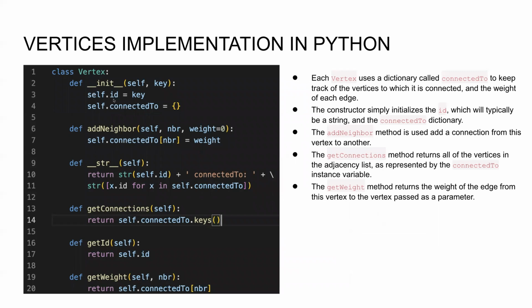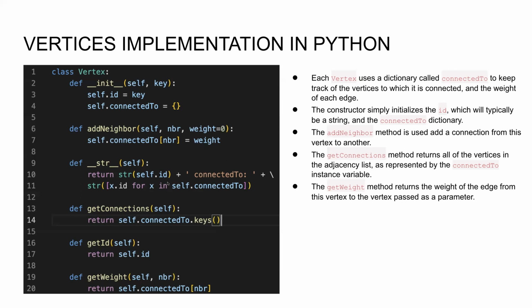You can see this class has a key that's mandatory, and it also has a dictionary of adjacent vertices, right? So if you want to add a neighbor with default weight 0, you can just add it to the dictionary with that neighbor as the key, and the value is the weight.